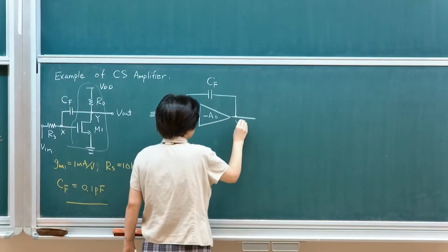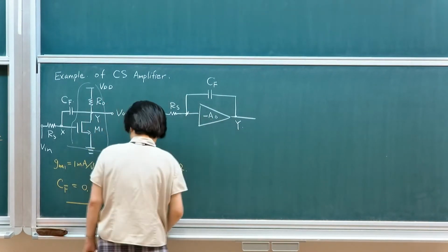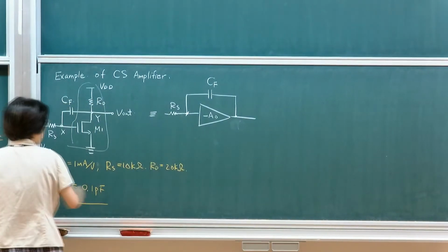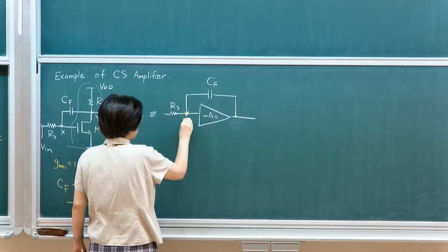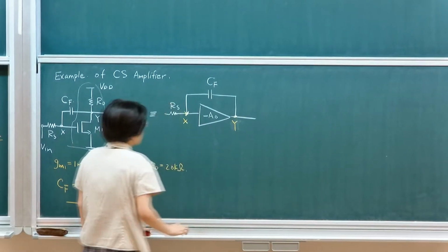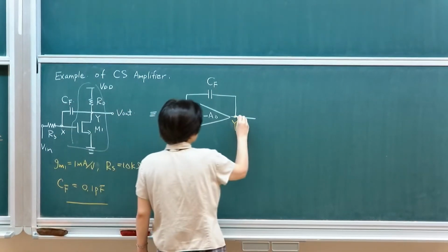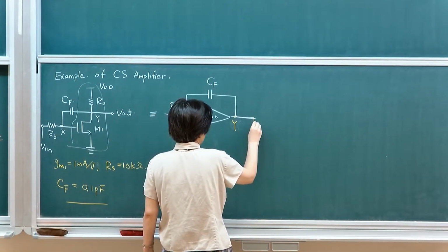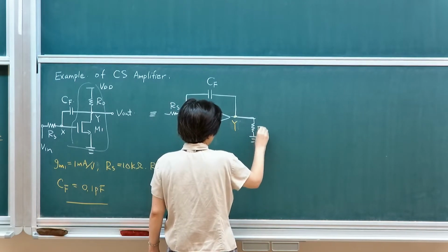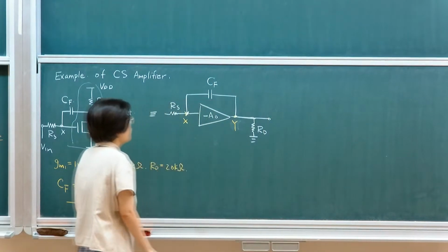Node Y is the output terminal. This will be node X. This will be node Y. Okay? And if you use a small signal model, you will see RD at this particular terminal.